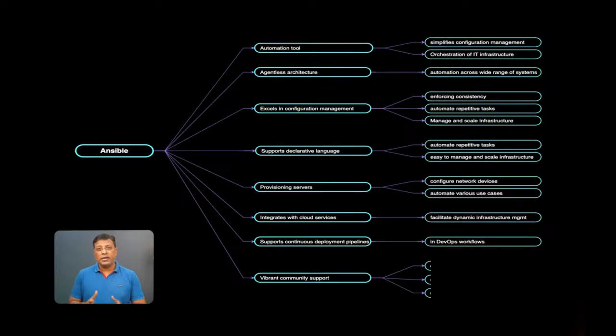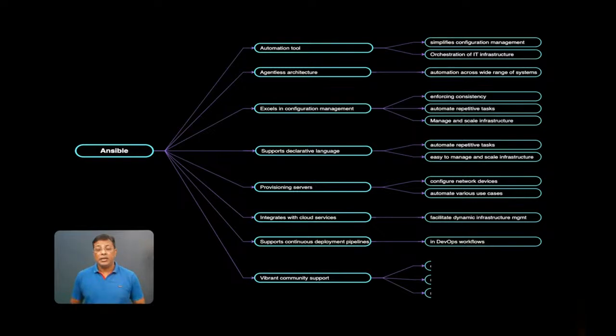It integrates with cloud services, facilitating dynamic infrastructure management and supports continuous deployment pipelines in DevOps workflow. The vibrant Ansible community contributes to an extensive library of modules, enabling users to automate diverse tasks.